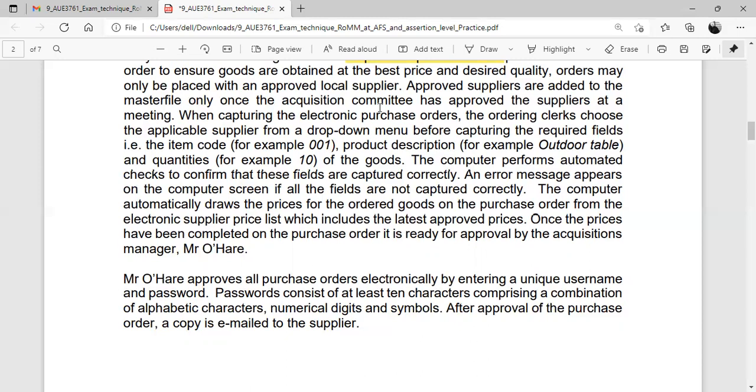So I'd say that the drop down menu ensures that the approved suppliers in the master file are used, and then the test of control would be to inspect the drop down menu suppliers against the approved ones in the master file to ensure that the right ones are used. Absolutely, that's a good one.